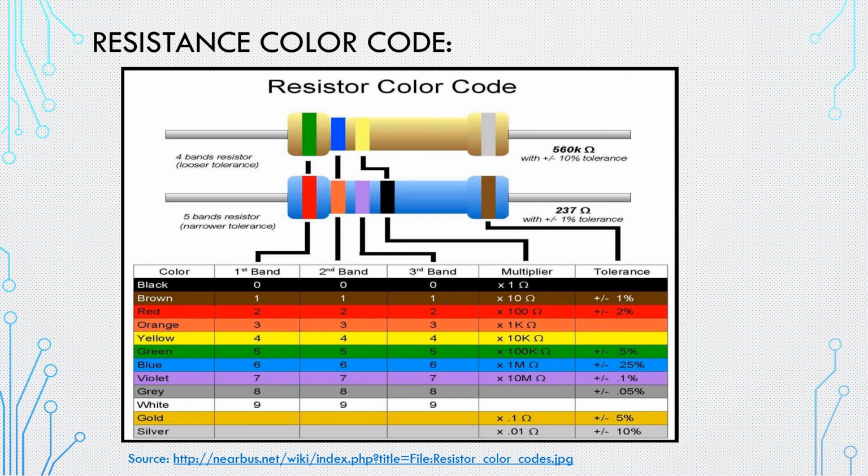So if you try to measure it in practice, we don't find it exactly 560 kilo ohm. It's going to be more or less than this value by 10%. So this 10% tells me the lower limit and maximum limit of this resistor.